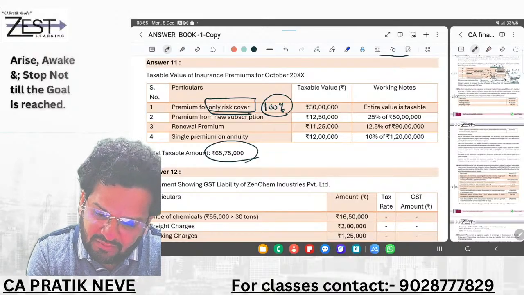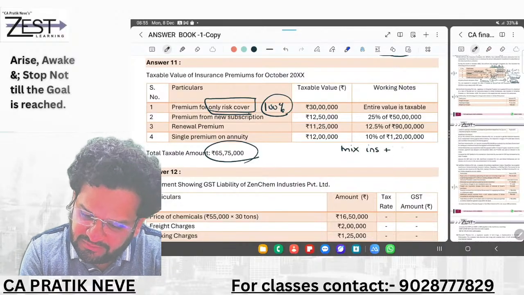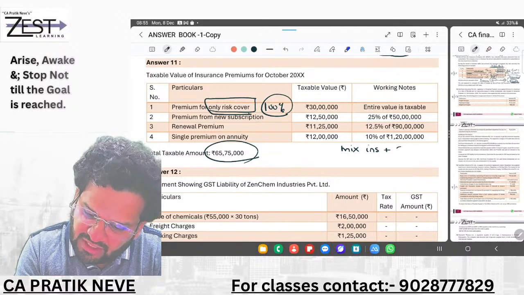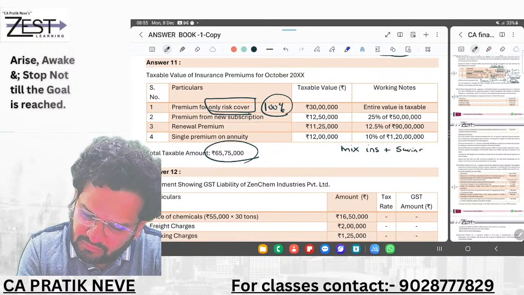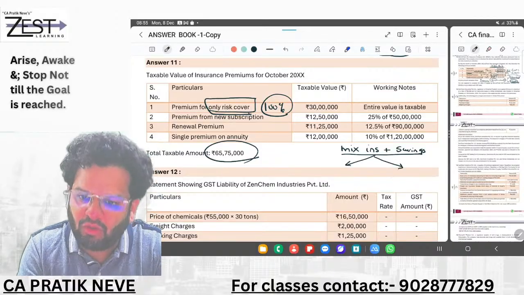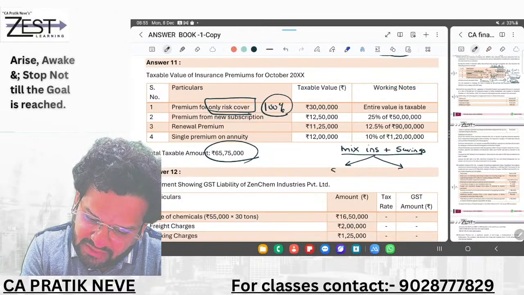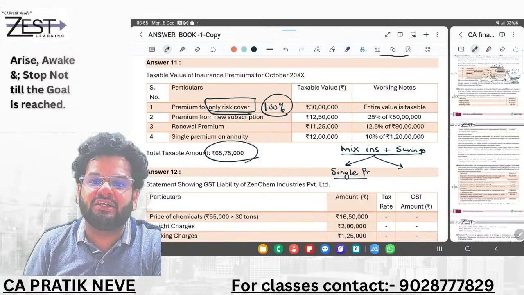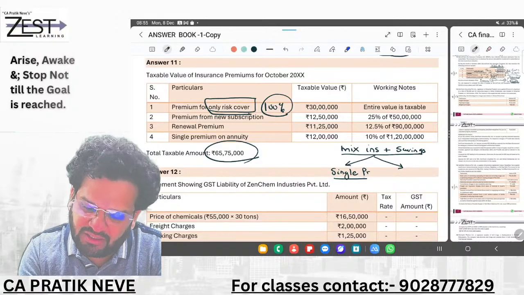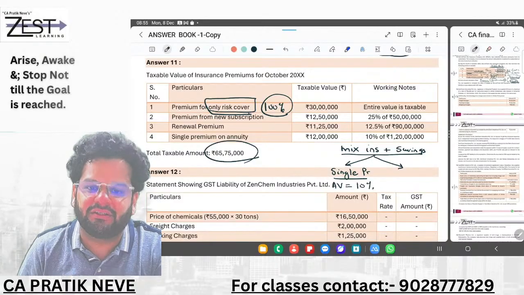That was the simple case, friends. When it is a mix of insurance plus savings or investment, then we have to divide it into two things. One could be a single premium annuity policy. For a single premium annuity policy, assessable value is 10%.